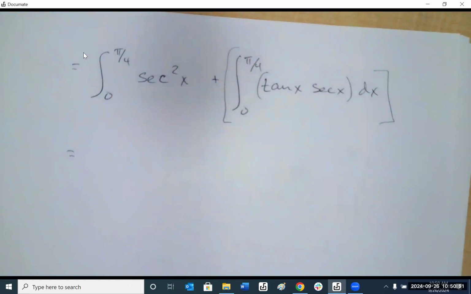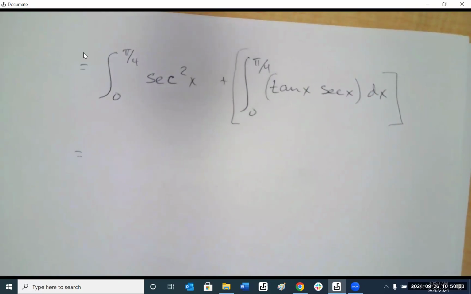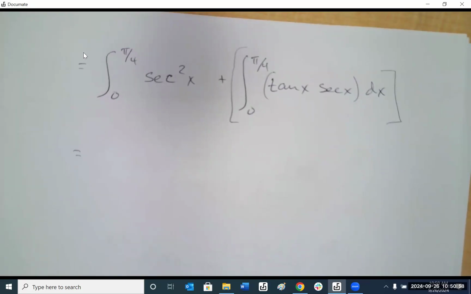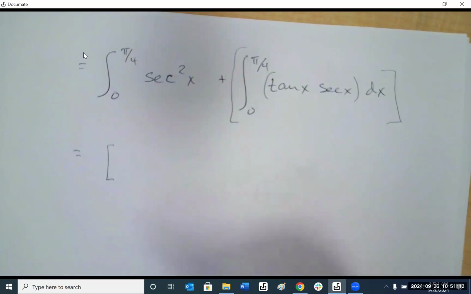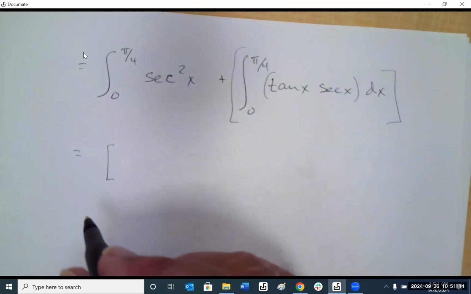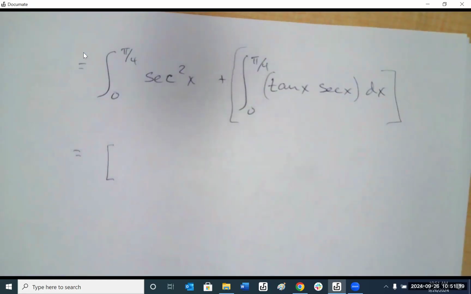So what's the integral of secant squared x? Use the sheets I gave you. It's back on the first page. Where do we see secant squared? What does it become? The integral of secant squared becomes tangent.